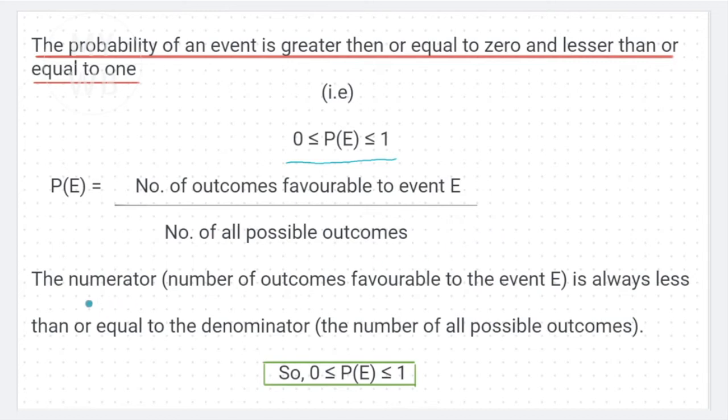The numerator, that is the number of favorable outcomes, is always less than or equal to the number of all possible outcomes. So the numerator is always less than or equal to the denominator. Hence, this ratio will be less than or equal to 1, and it's always a positive value.